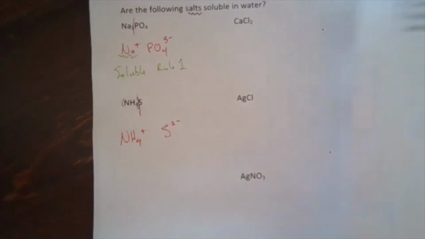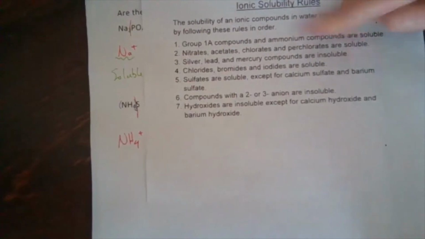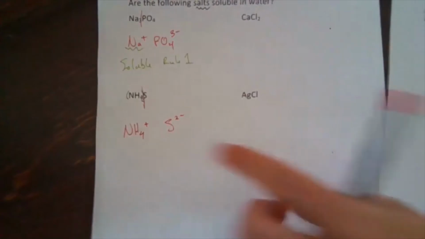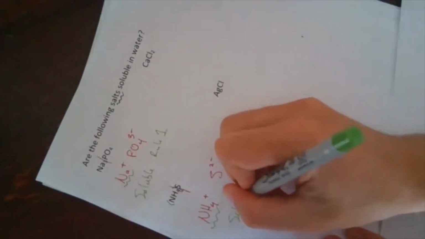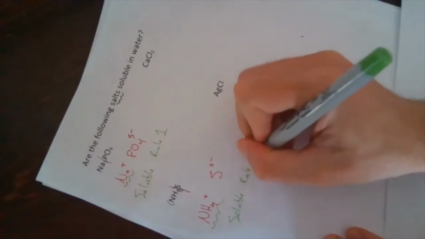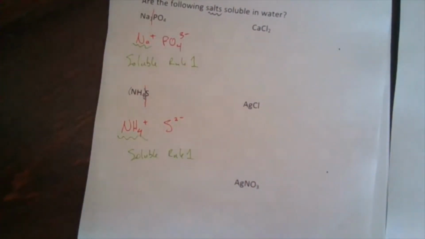So if I return to my solubility rules, rule 1: group 1A compounds and ammonium compounds are soluble. This is why ammonium is very important. It's highly soluble, and it gets you on rule 1. And you can see right there, this compound is soluble, again by rule 1. Rule 1 is very important.